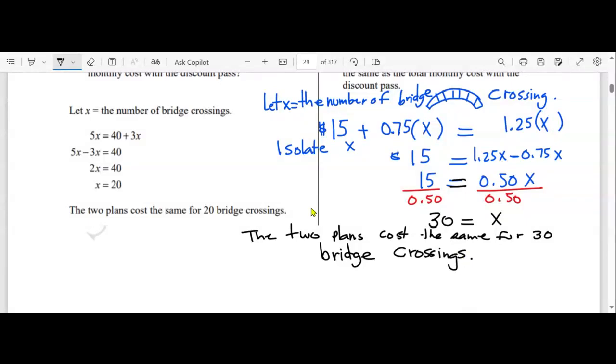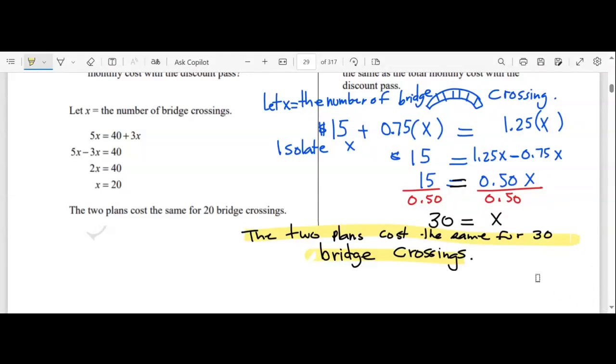Is this clear? Yes. If you understand, raise your hand. That means if you make more than 30 crossings, then the discount is better for you. Monthly, let's say if you go 60 times, then you will get more benefit from crossing the bridge. Understand? Any questions?